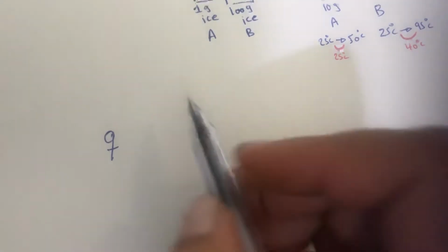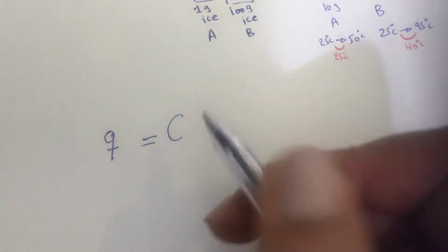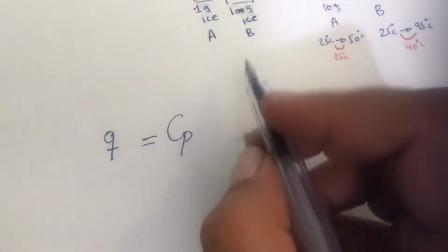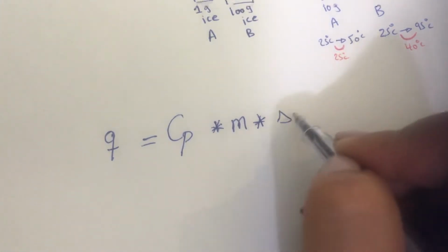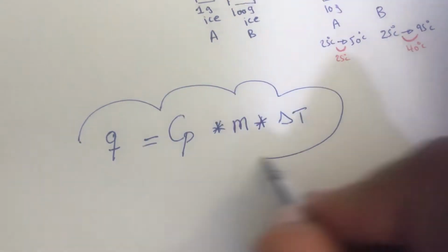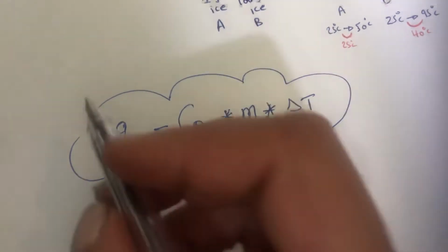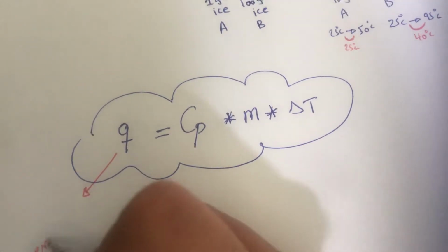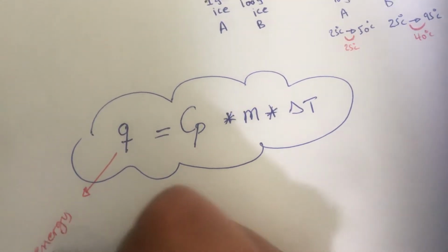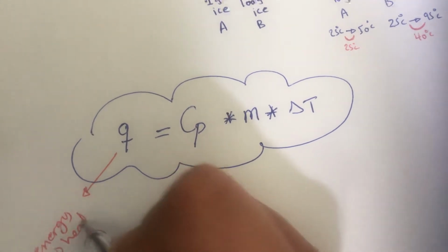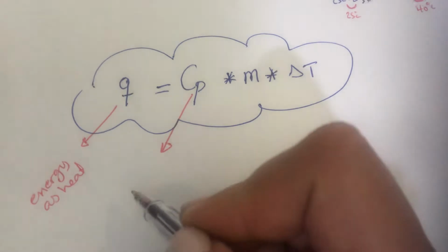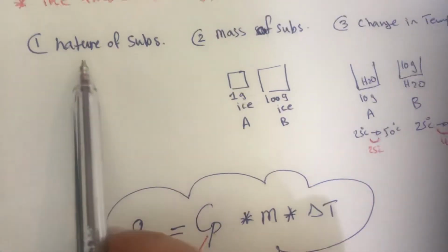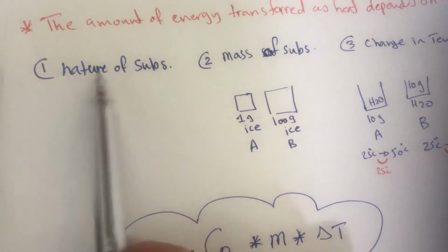So the three factors are nature of substance, mass of substance, and change in temperature. So what is the rule? Q equals specific heat times mass times delta T. So Q is energy as heat, and here we talk about the first factor, nature of substance.